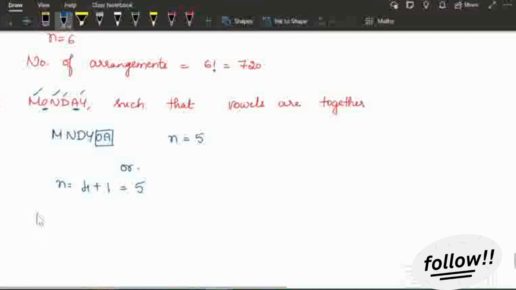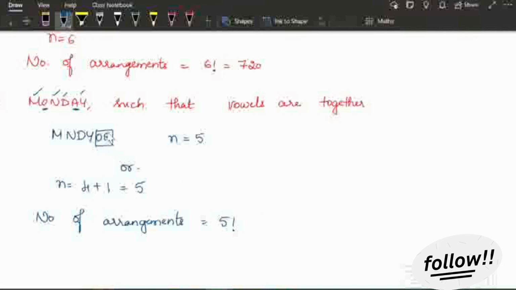Now, how many arrangements are possible? If I have n letters, the number of arrangements is n factorial, right? So if I have 5 letters, the number of arrangements is 5 factorial.